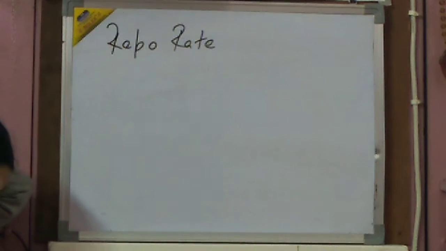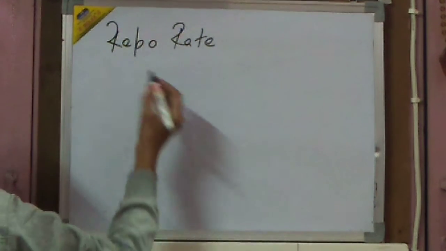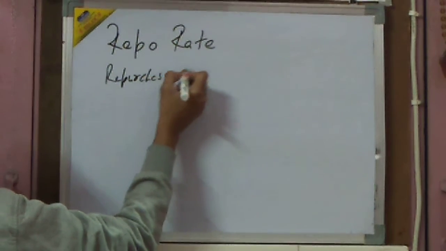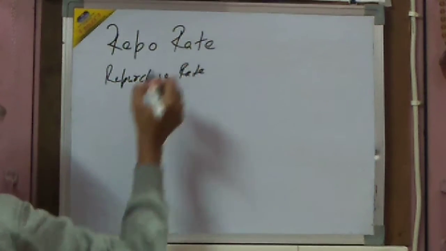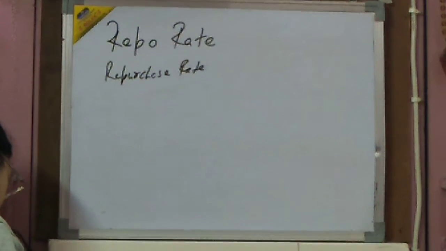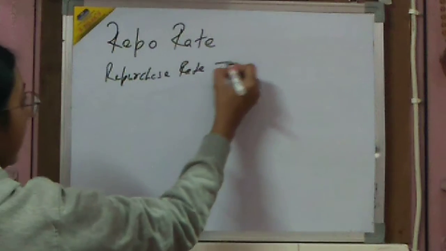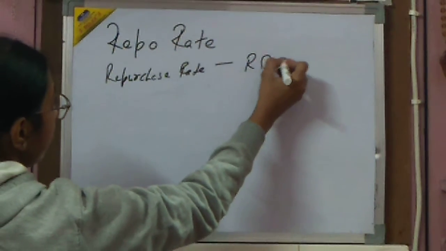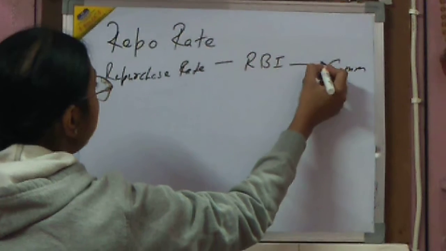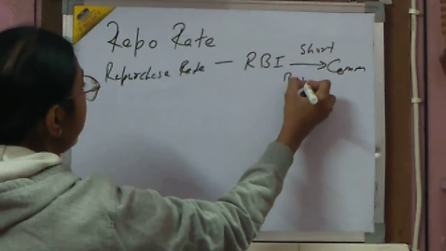Repo rate is also known as repurchase rate. It is the rate at which the RBI lends to banks for a short period against government bonds. This means it is the rate at which RBI gives short term loans to the commercial bank against government bonds.